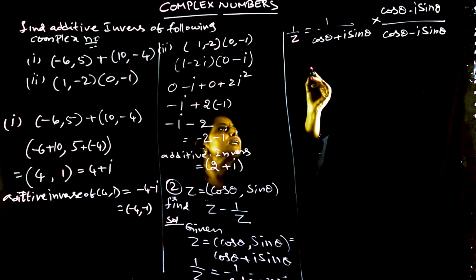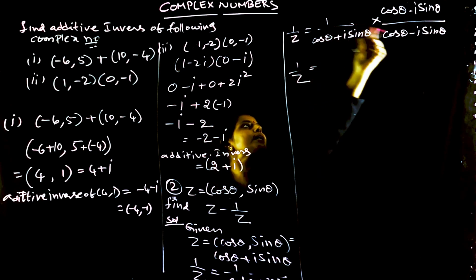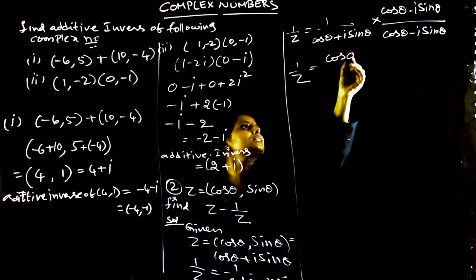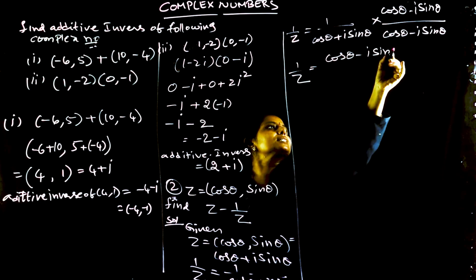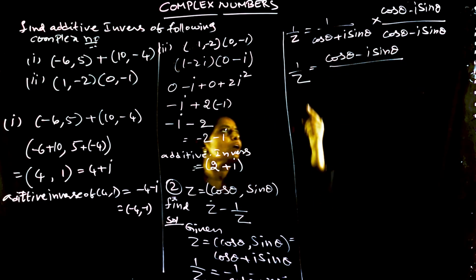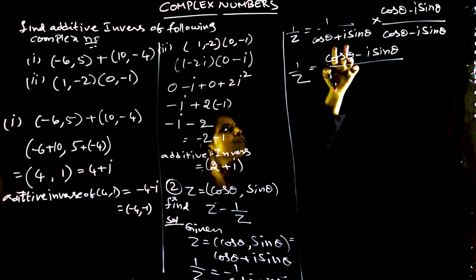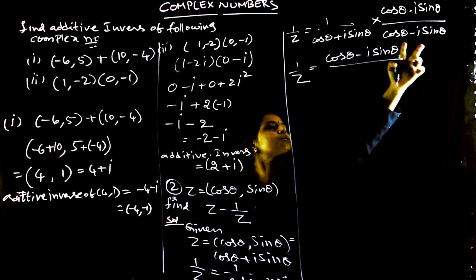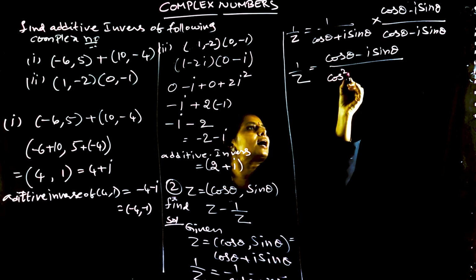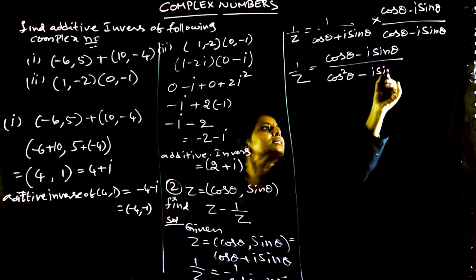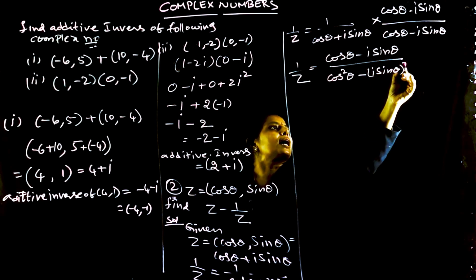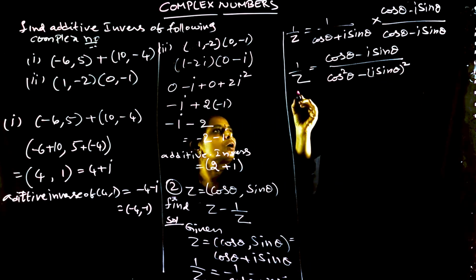So multiply numerators. So 1 by z is equal to 1 into cos theta minus i sin theta, which is nothing but cos theta minus i sin theta, by, if you observe the denominators, it is in the form of a plus b into a minus b. So it is a square minus b square. So cos theta whole square minus i sin theta whole square.